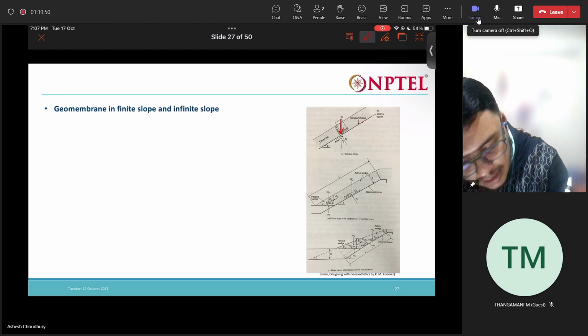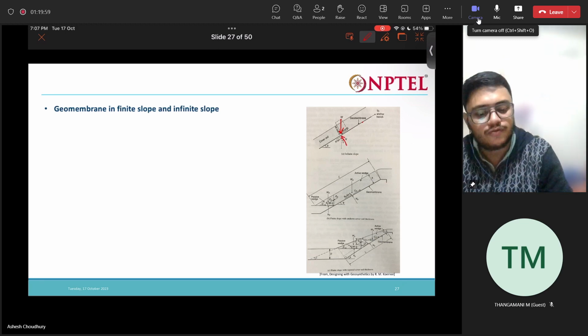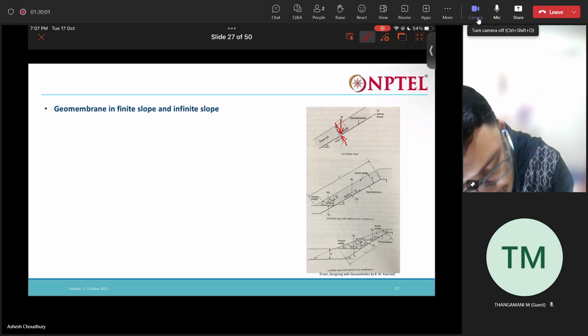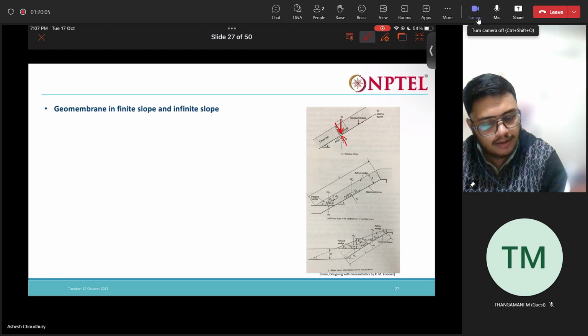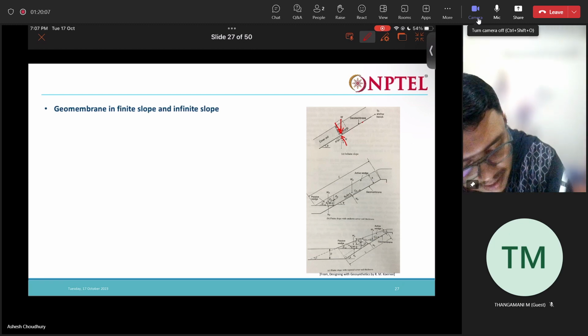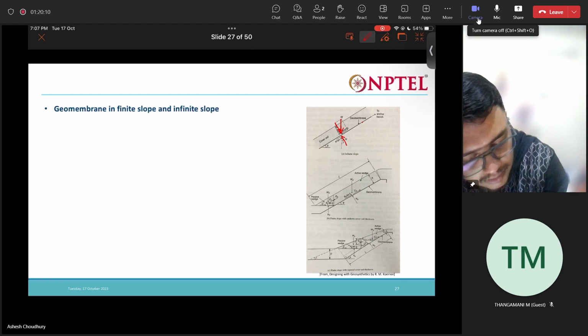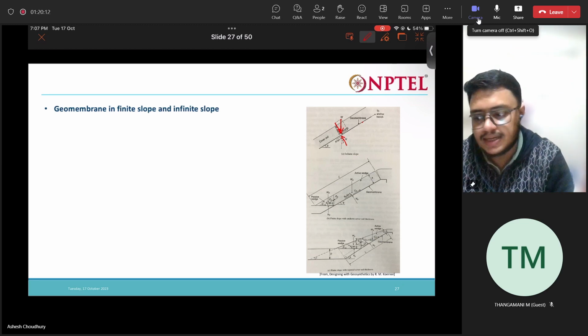Due to the weight, what will happen? There will be a normal reaction force to the normal component of the weight, that is N, right? This will be acting at an angle delta.